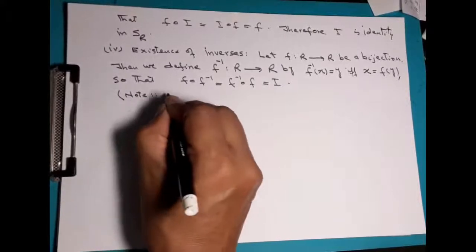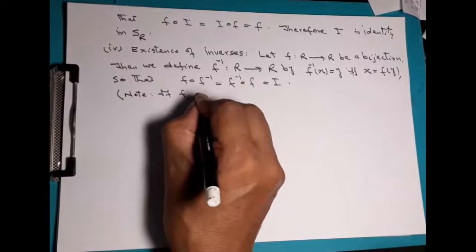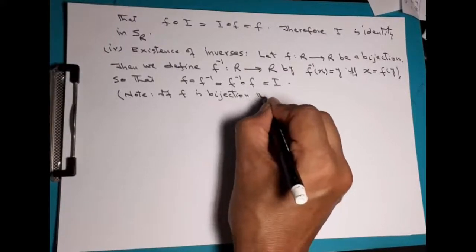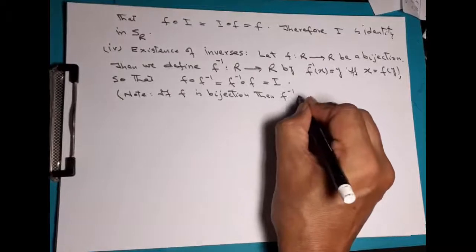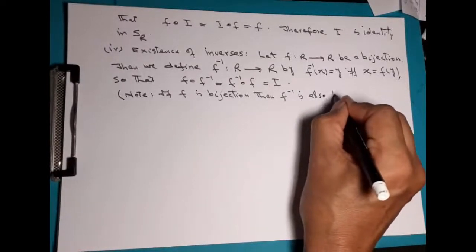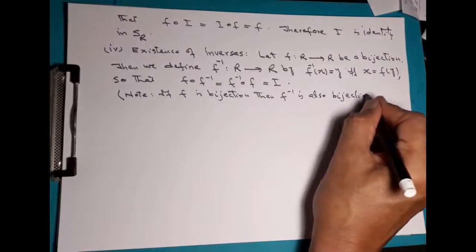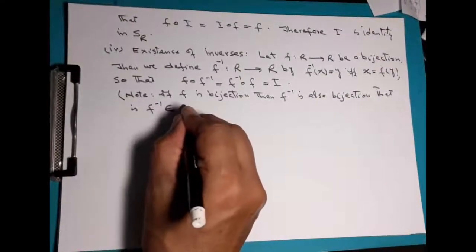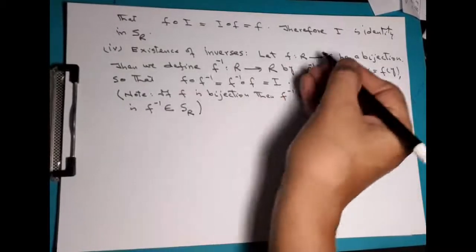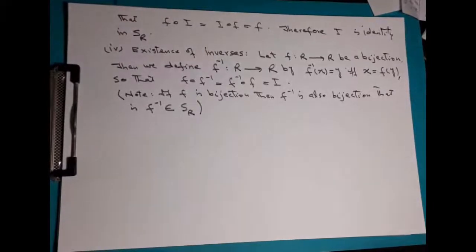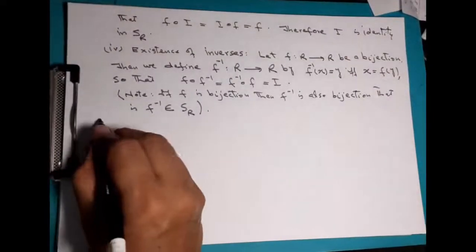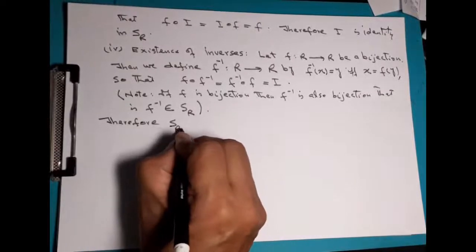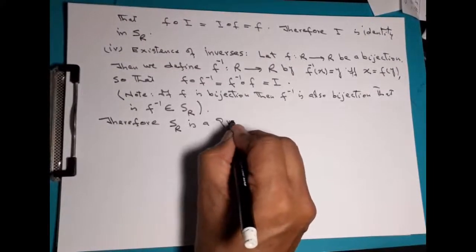Note, if f is a bijection, then f inverse is also a bijection, that is, f inverse belongs to SR. I have noted it at the end to complete our argument. And therefore SR is a group.